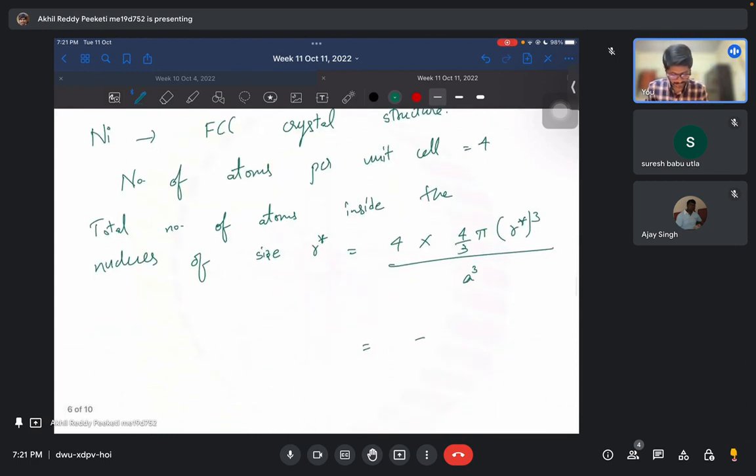So you will get around 462.52 atoms. So approximately 462 to 463 atoms.